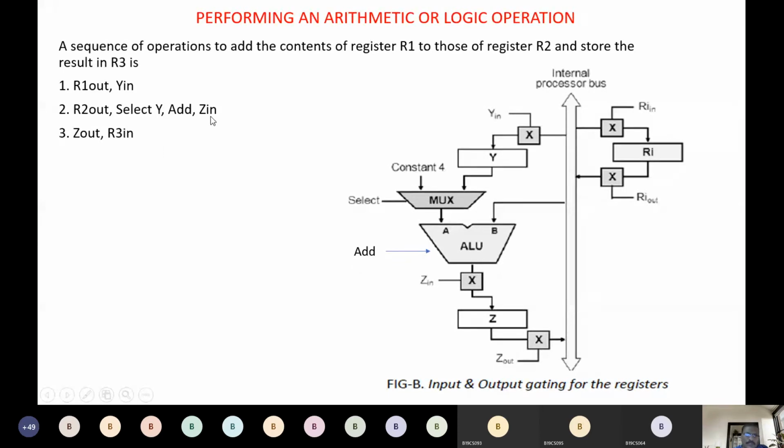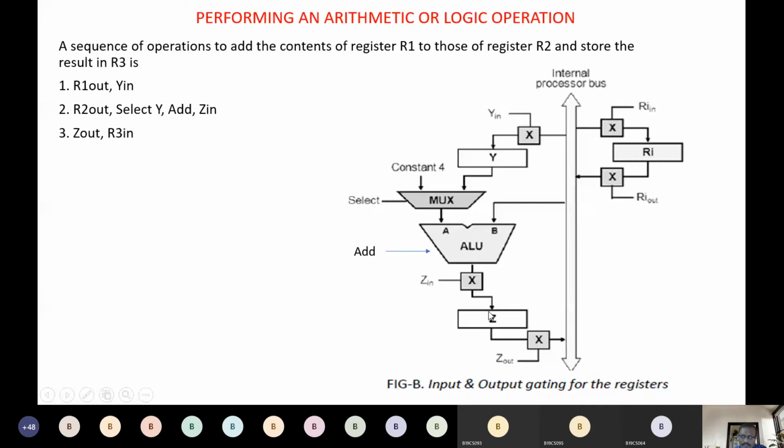Okay, so here you can see Z in is already made 1. So when we make it 1, the sum of A plus B, which is in the ALU, flows to Z and is stored in Z. The sum of A and B, that is, of the R1 register and the R2 register, flows because Z in is made 1.